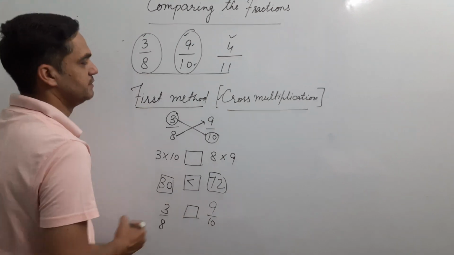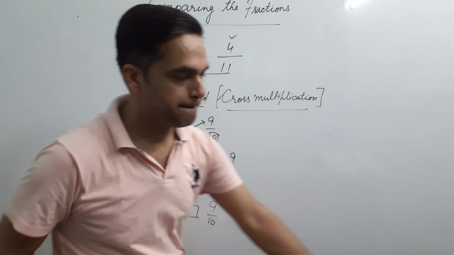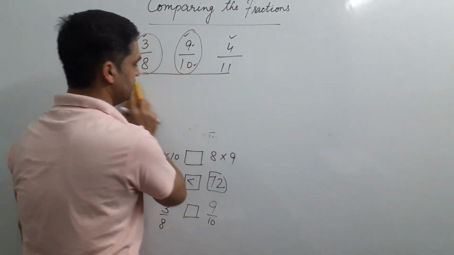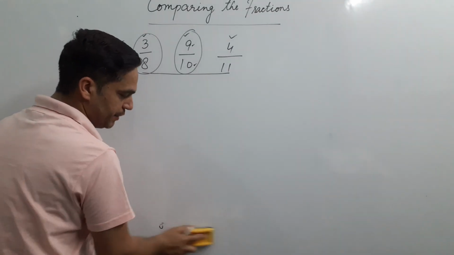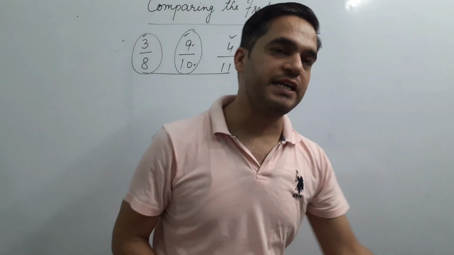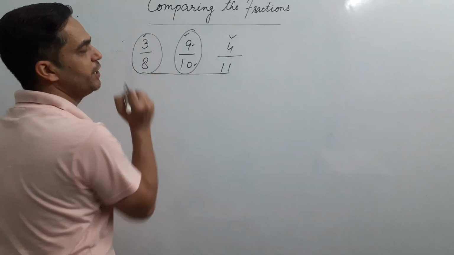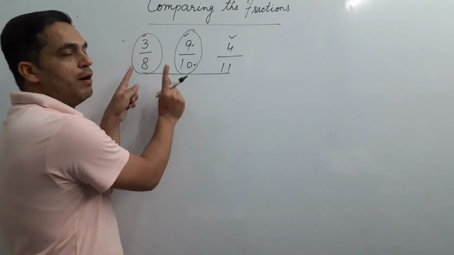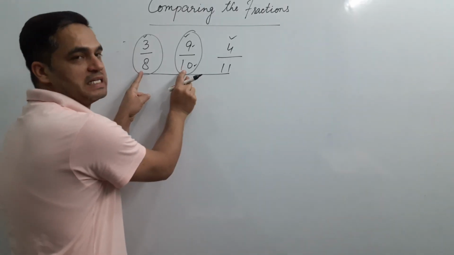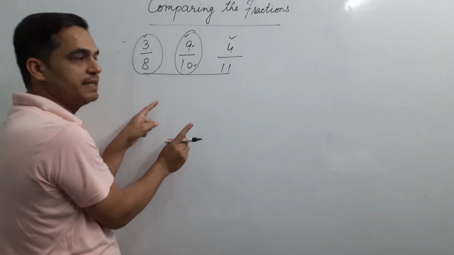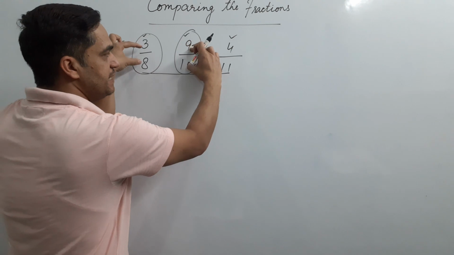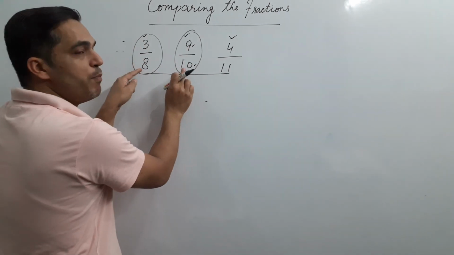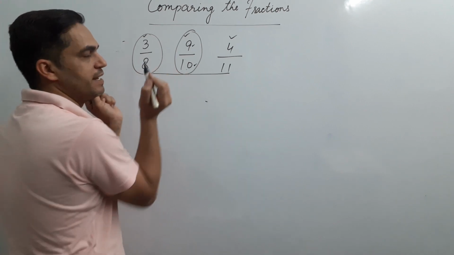Another way, second method, is converting these fractions into equivalent fractions with a common denominator. Again listen, we can compare these two fractions by converting them into their equivalent fractions with a common denominator. 8 and 10.